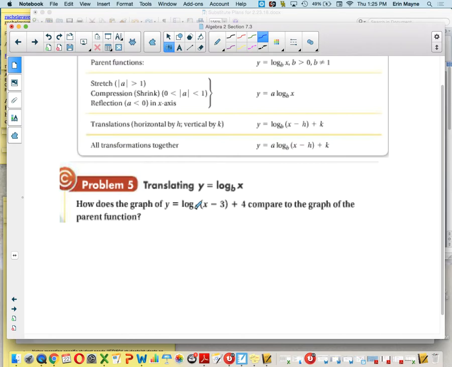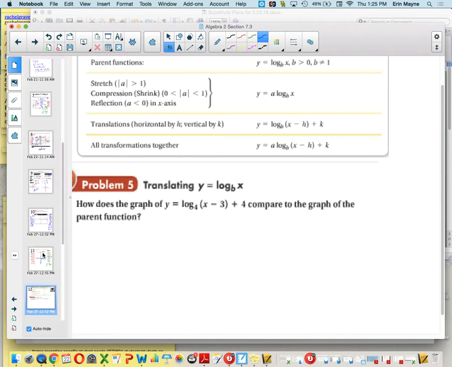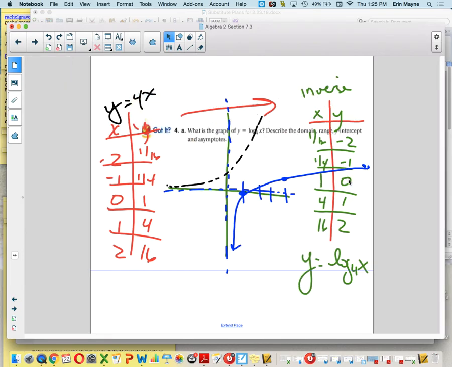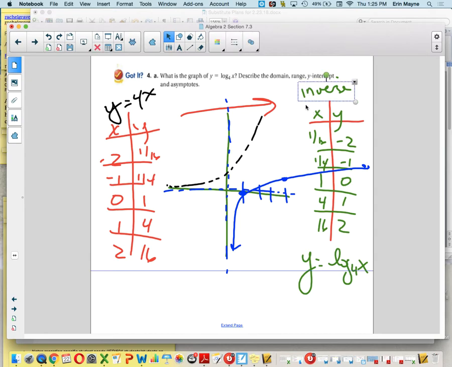How much? 3 to the right and 4 up. Got it? 3 to the right and 4 up. Now, for me, it's going to look like this. I'm going to go back to the top slide, and I know that these are my inverse points, so I am going to try to copy and paste these.